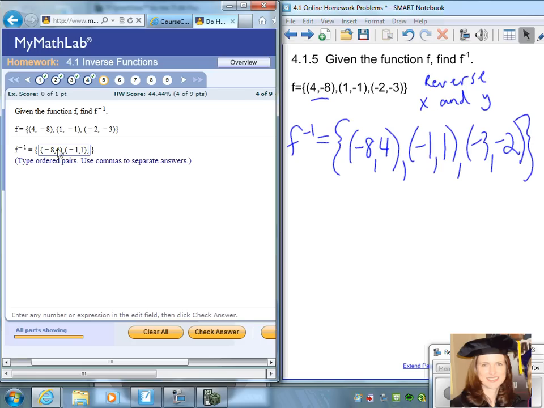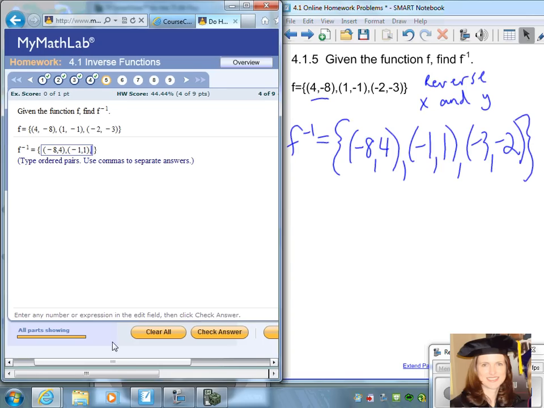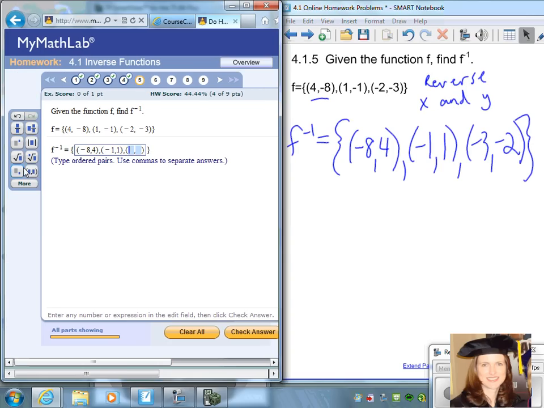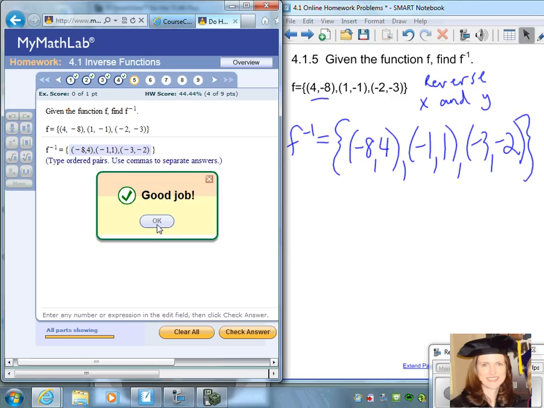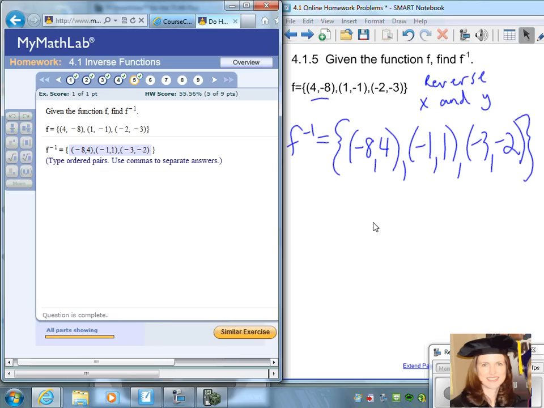And the last point was negative 3, negative 2. So that's how we find the inverse if we're given points. If we're given the equation, you follow the 4 steps. If you're given the set of points, you simply reverse the order of x's and y's.